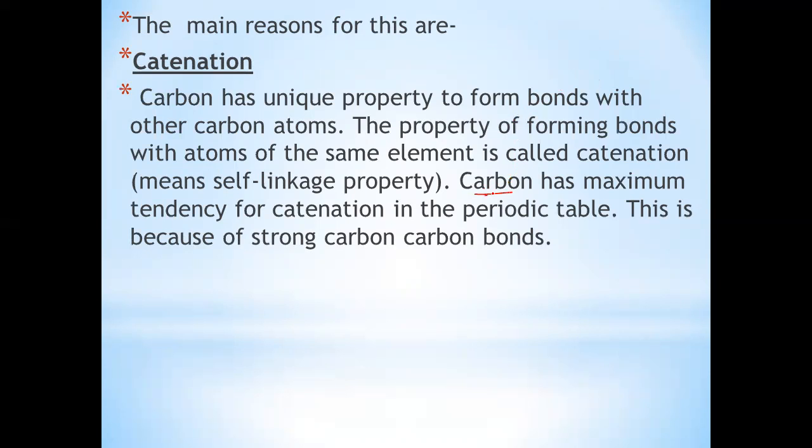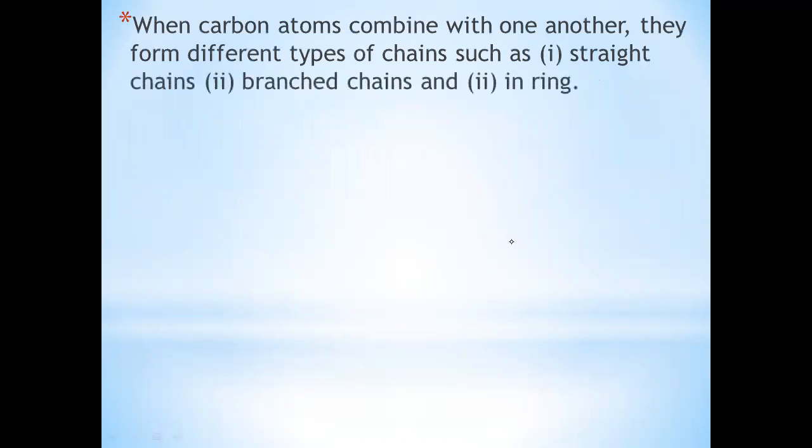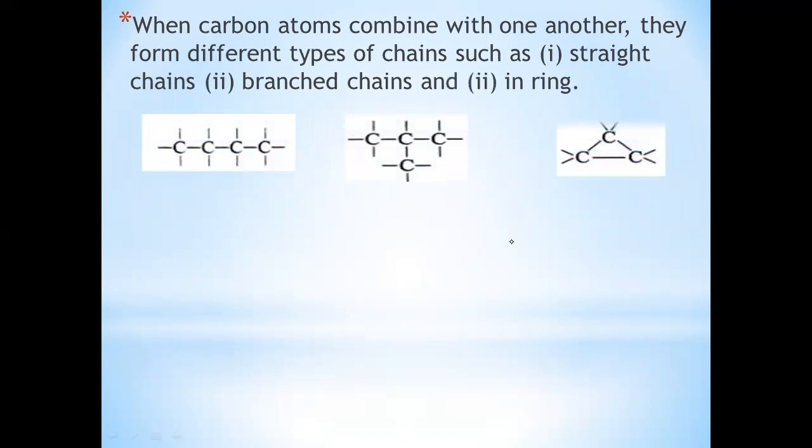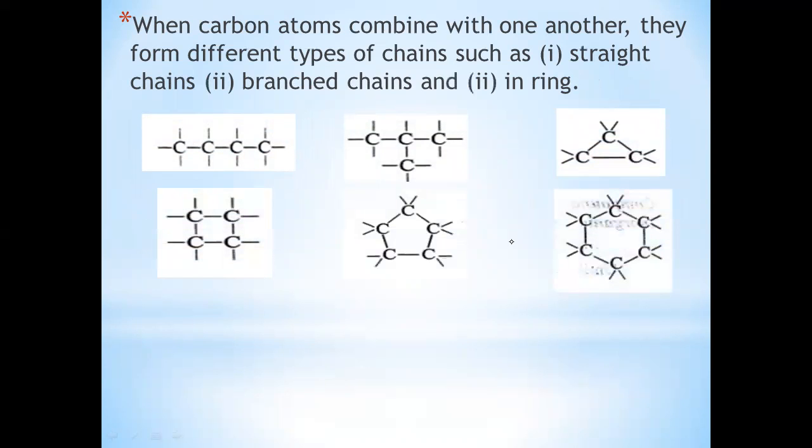Carbon has the maximum tendency for self-linkage in the periodic table. This is due to strong carbon-carbon bonds. When carbon atoms combine with one another, they form different types of chains: arranged in a straight chain, branched, or in rings.